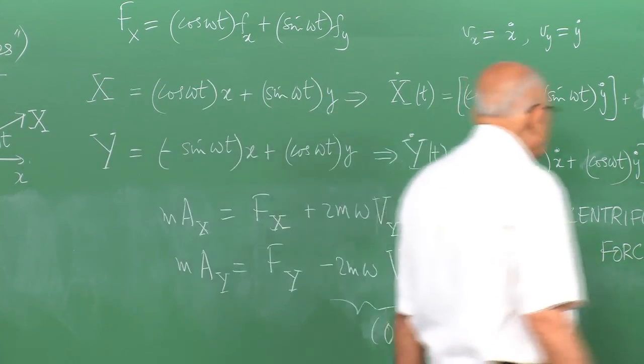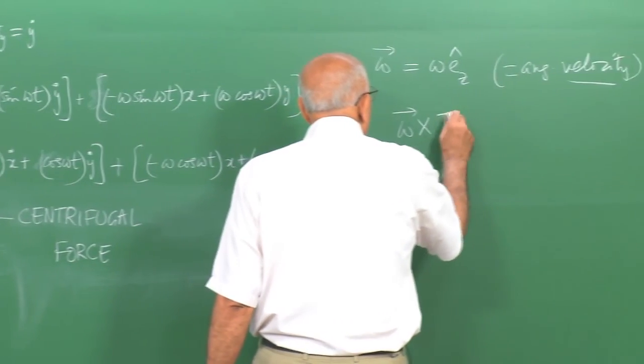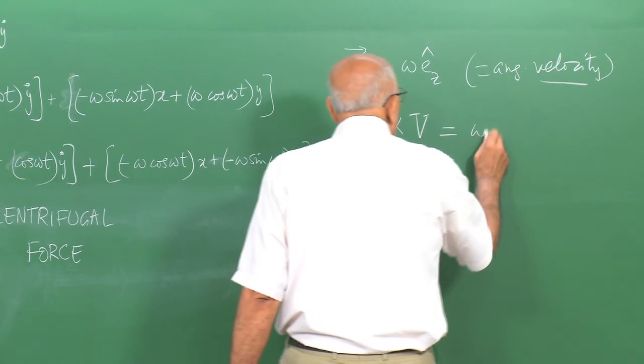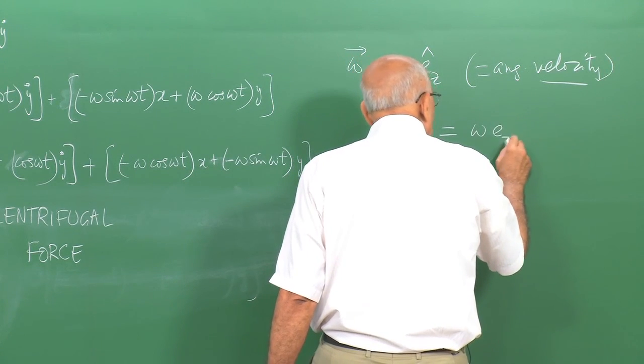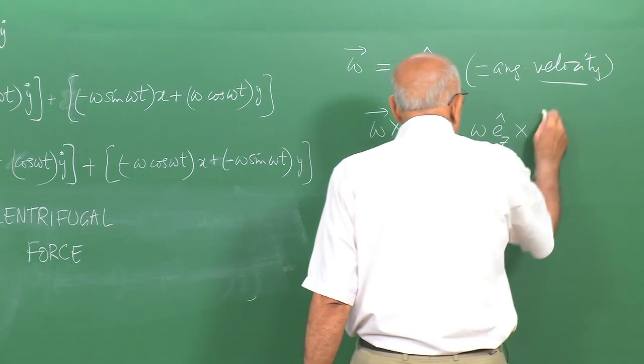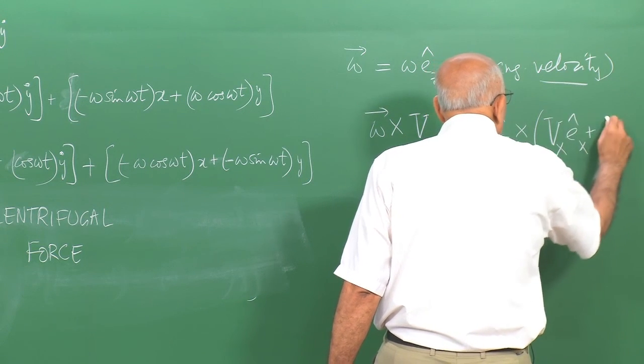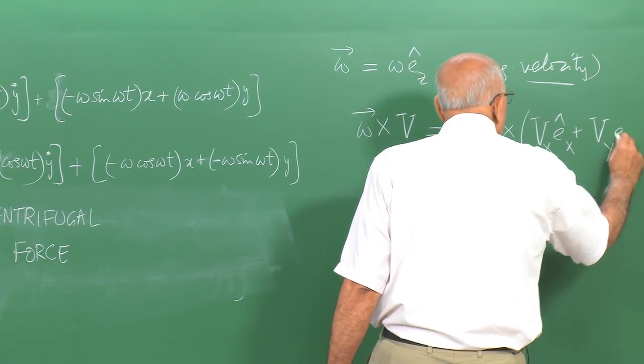So if you consider what omega cross v is, this is equal to omega E subscript z, small z or capital Z does not matter, it does not change at all, cross Vx Ex plus Vy Ey.